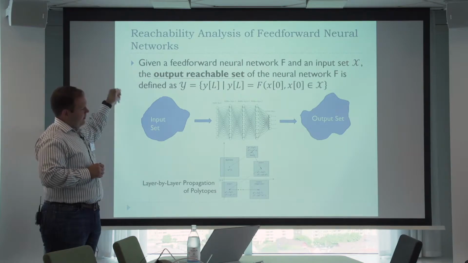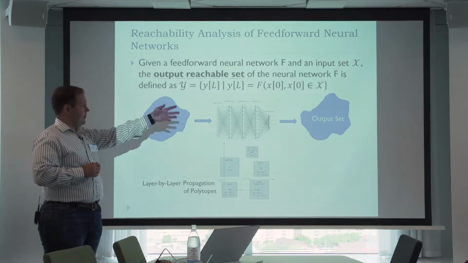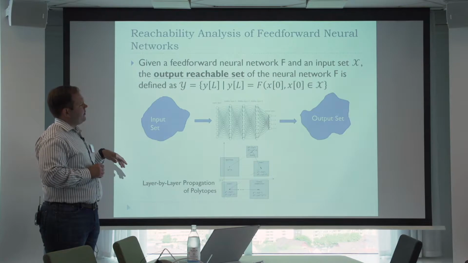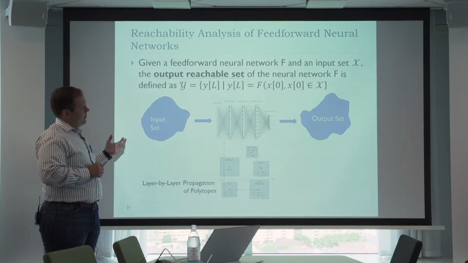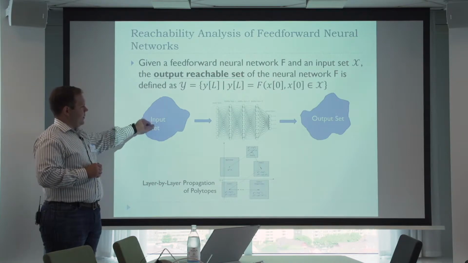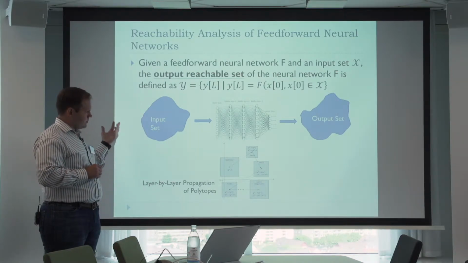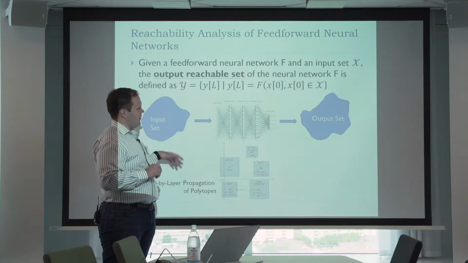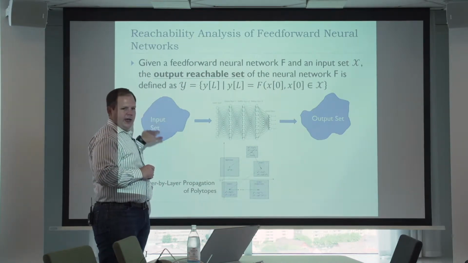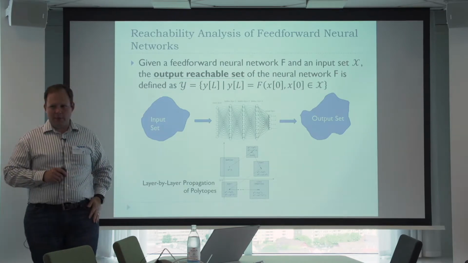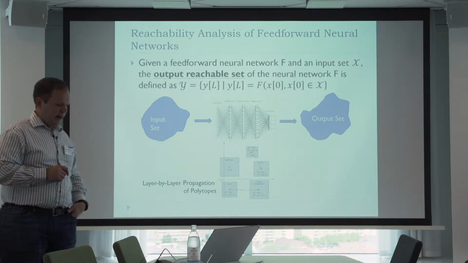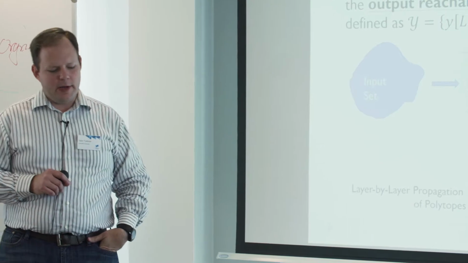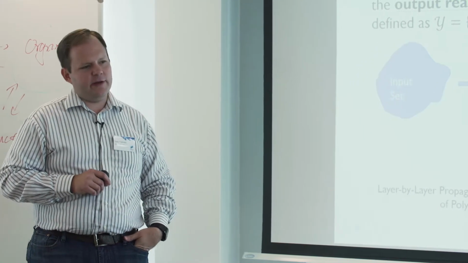So again, a mathematical function mapping from some input set to some output set. So we would like to now compute what the output set can be provided some input set. So mathematically, what we're trying to do essentially is to compute the range of this function provided some set of inputs from the set of all possible inputs. So how does the network transform this set as it passes through?